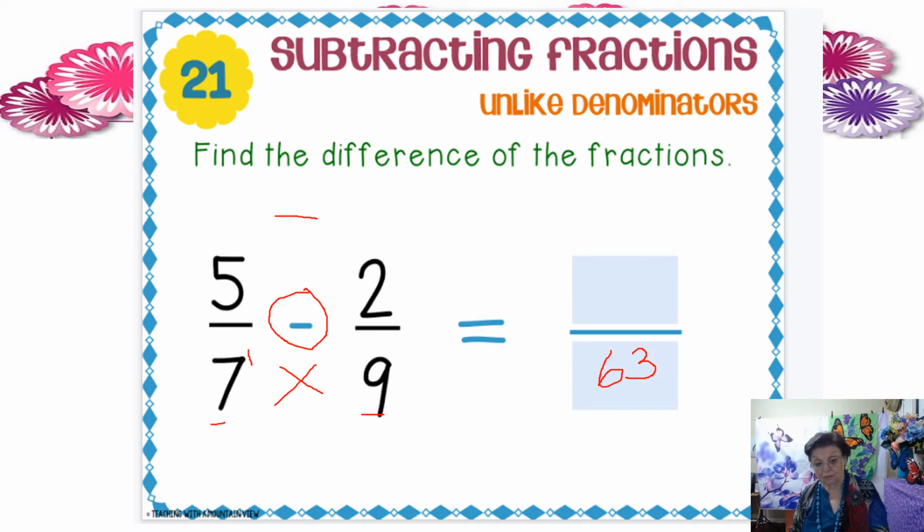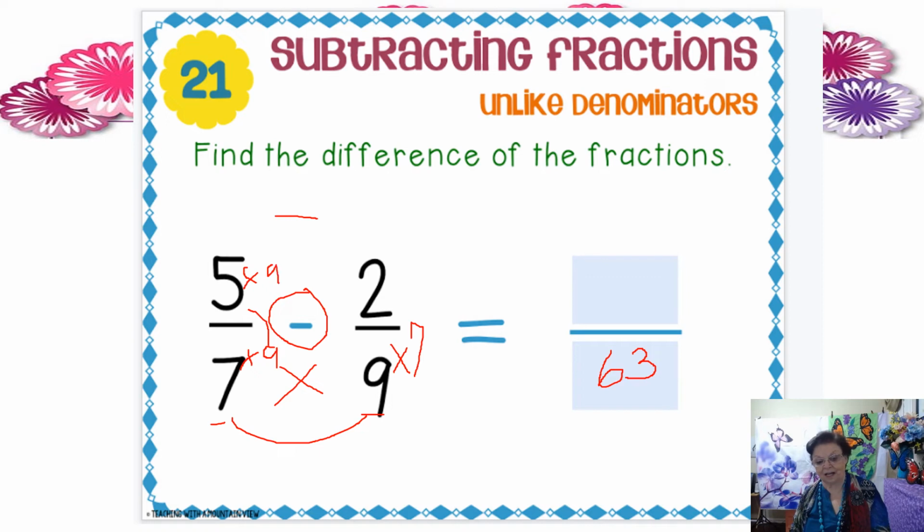So when I multiplied that, I multiplied this 7 times 9, and I multiplied this 9 times 7. Whatever I do to the bottom, I have to do to the top. So on this side, I have to multiply this numerator times 9.